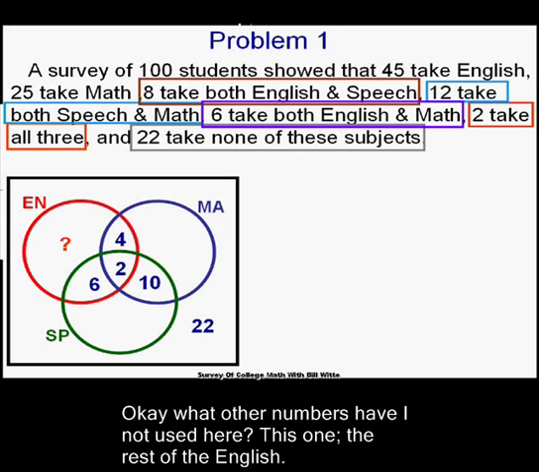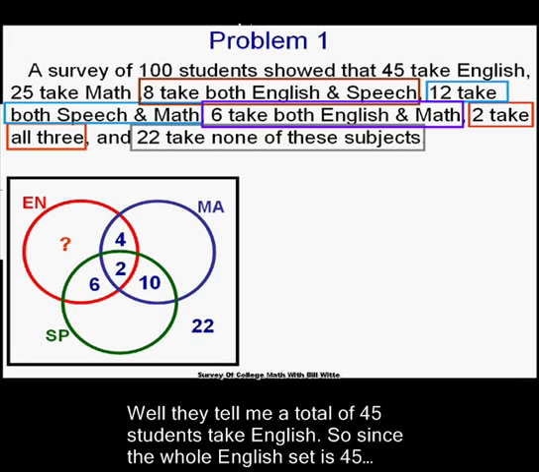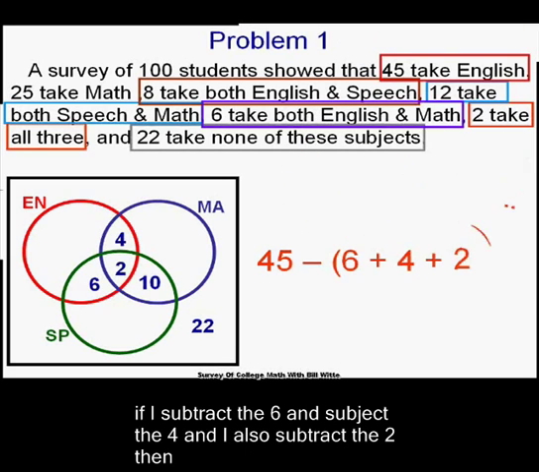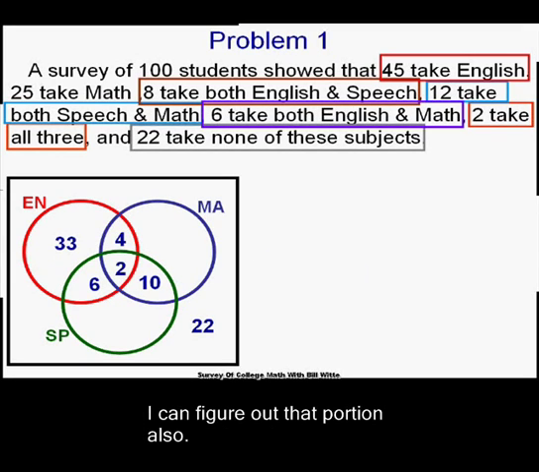This one, the rest of the Englishes. Well, they tell me 45 take English. So the whole English set is 45. So if I subtract the 6, and I subtract the 4, and I subtract the 2, I can figure out that portion also.